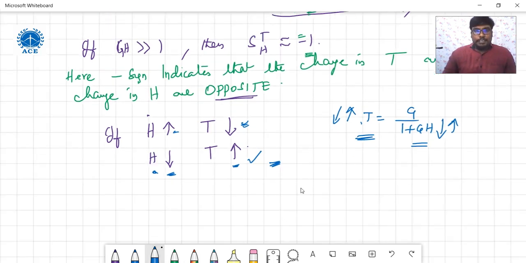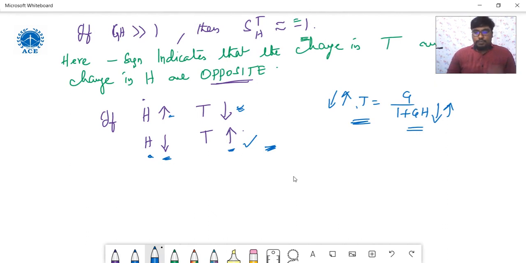Here see, sensitivity, we need to consider only the magnitude of S, right? So here one point I can write, this is an important note. Here we need to consider only the magnitude of sensitivity.